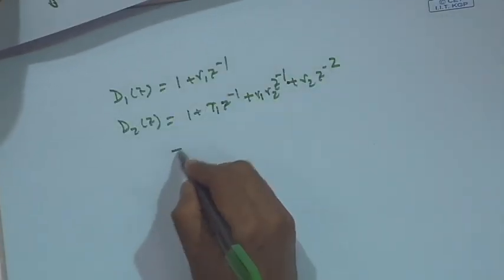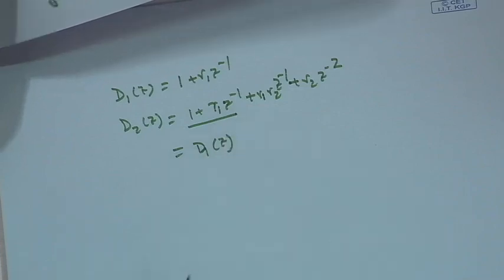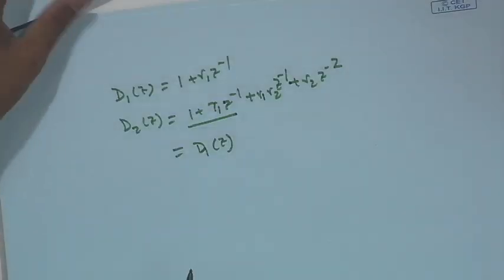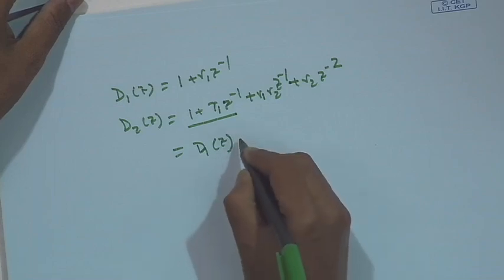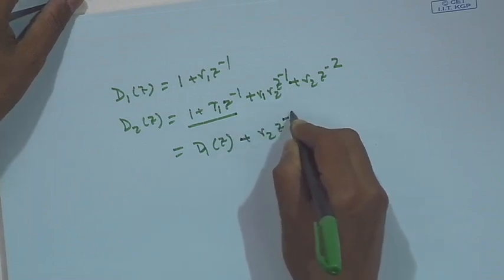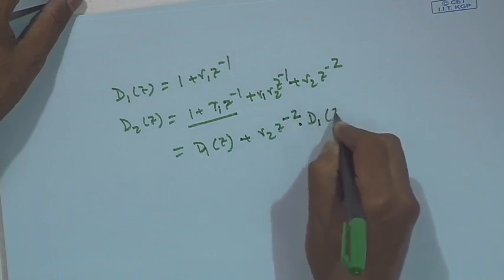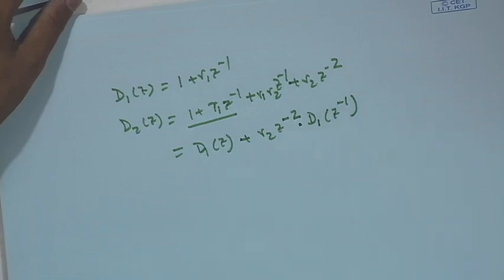Now, 1 plus R1 z to the power minus 1 is nothing but d1(z). So, d1(z) plus R2 z to the power minus 2 into d1 of z to the power minus 1.